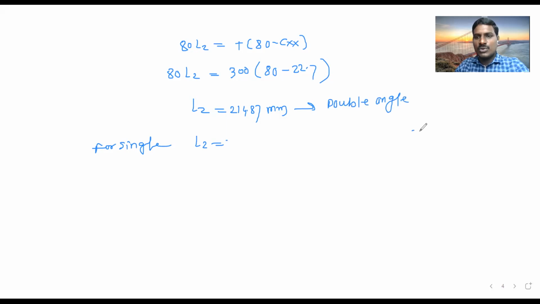Why? Because the total 300 kilonewton load is there. For this 300 kilonewton, we have calculated LW. So this L2 value is for both the angles. Similarly, we have to calculate for a single angle.